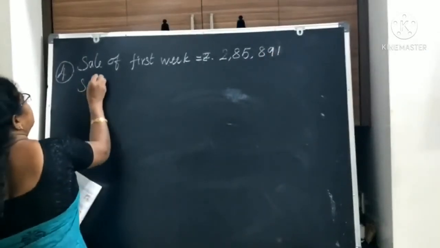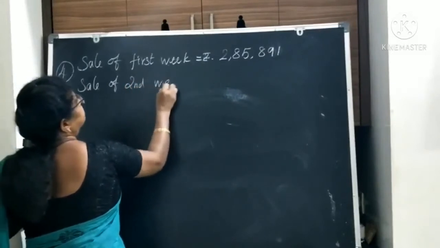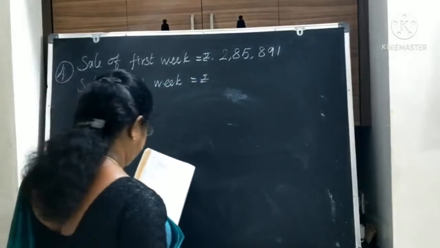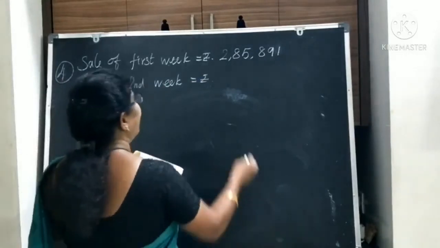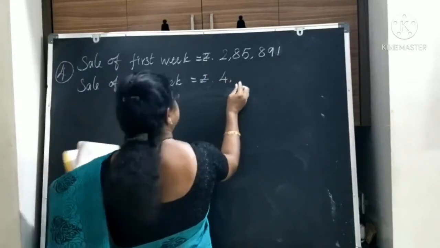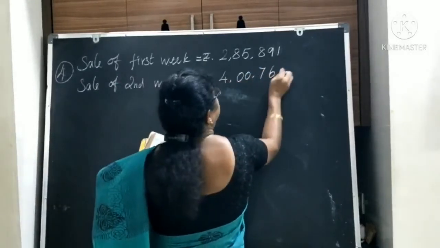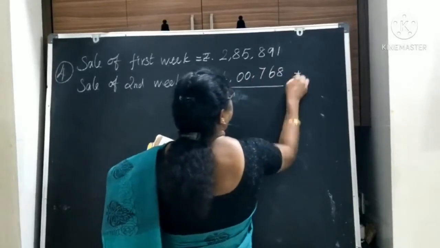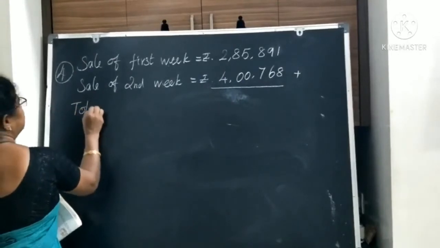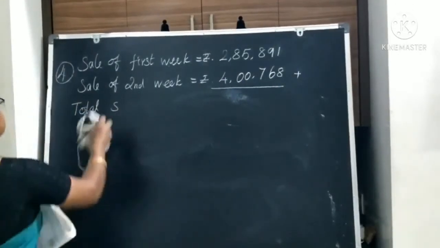Next, sale of second week, rupees 4 lakh 768. Here total sale. Total sale in the 2 weeks. So we write total sale is enough.